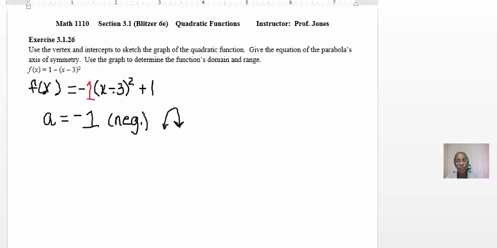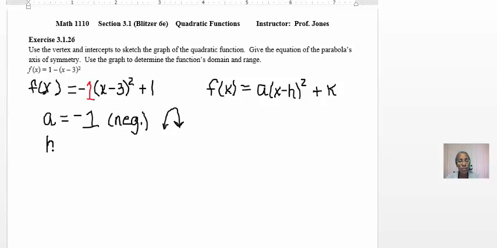Now remember the standard form of the parabola is a times the square of (x minus h) plus k. So the h is the number in the parenthesis that's being subtracted from x.